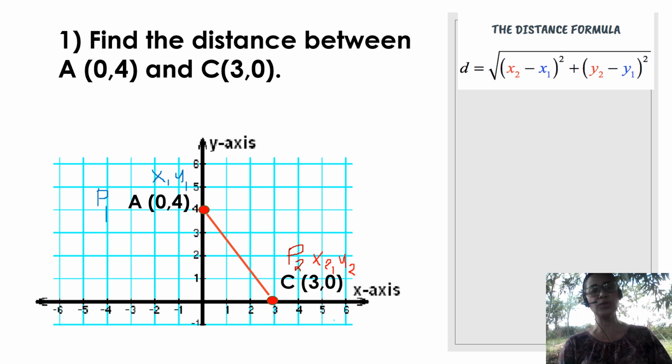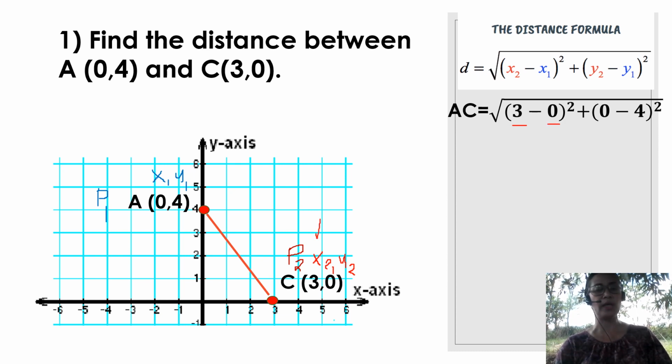Now, substituting for x sub 2 and x sub 1 and y sub 2, y sub 1, we simply have, so this is now x sub 2 here, 3, minus 0, which is our x sub 1 here, plus y sub 2, which is 0, minus y sub 1, which is 4.